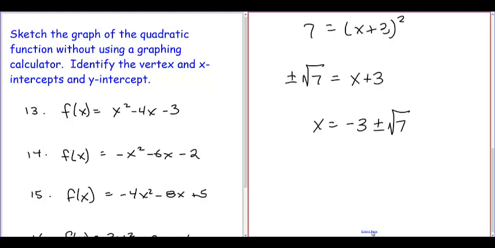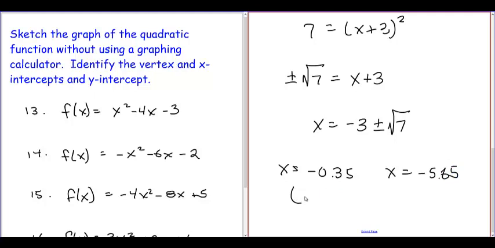And then we'll plug those in our calculator. So negative 3 plus the square root of 7. So one x-intercept is negative 0.35, and the other one is negative 5.65.